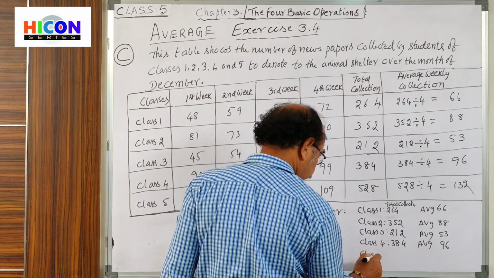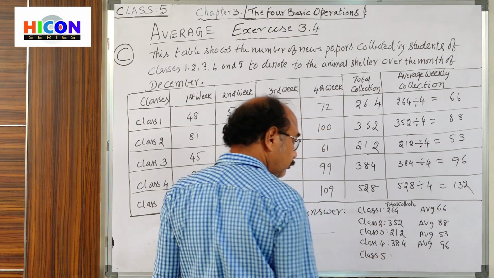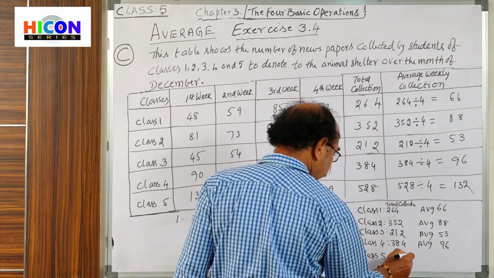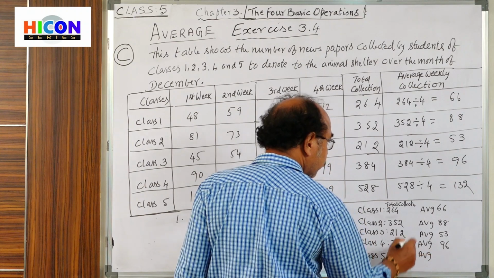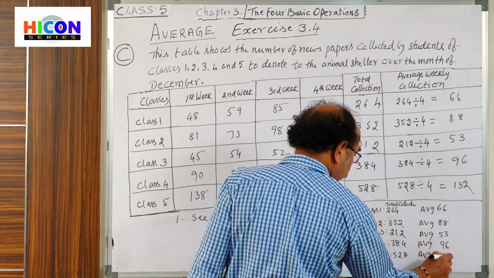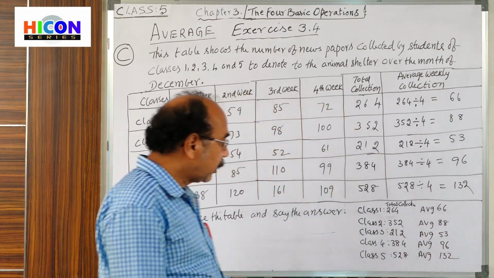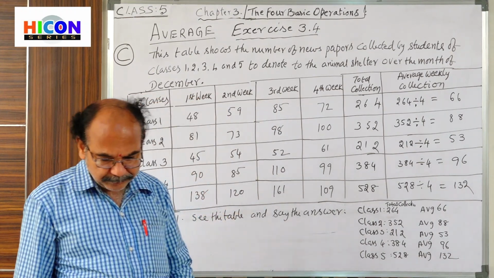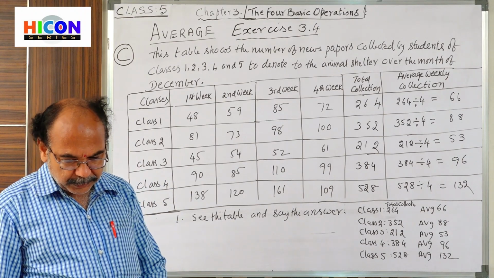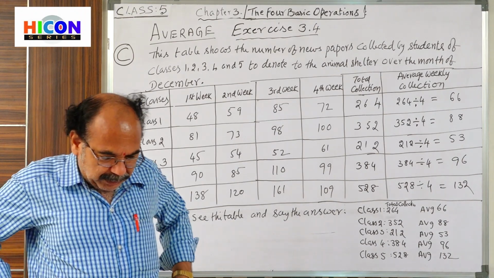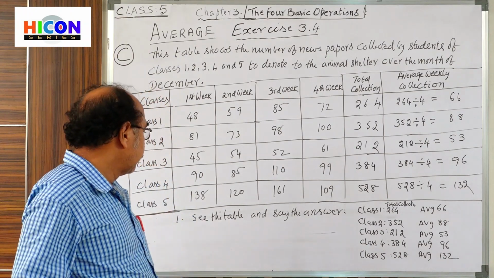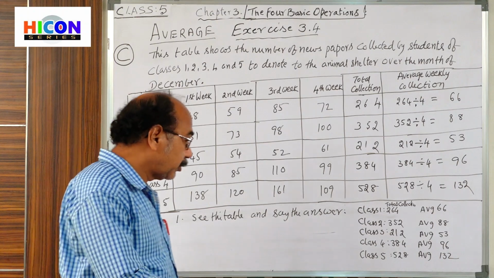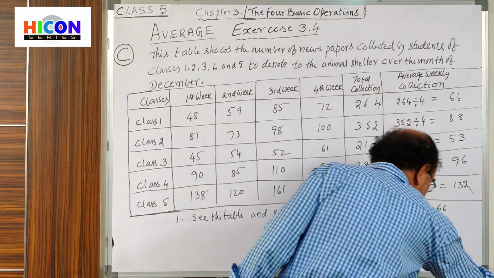Class 5. Total collection 528. Average 132. Okay. Total collection and average. Okay? Okay, children. Now come to the second question.